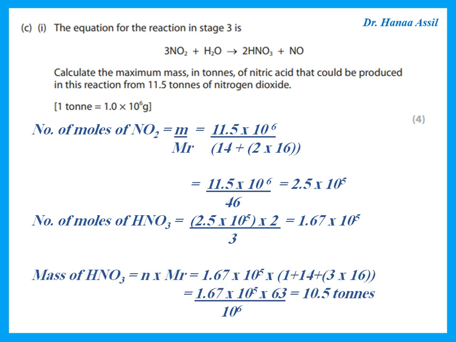Mass. How do we get mass? Mass is number of moles times MR. And what I get is in grams, and he wants it in tons. So I need to divide what I get by 10 to the power 6 to get my answer in tons. Okay?